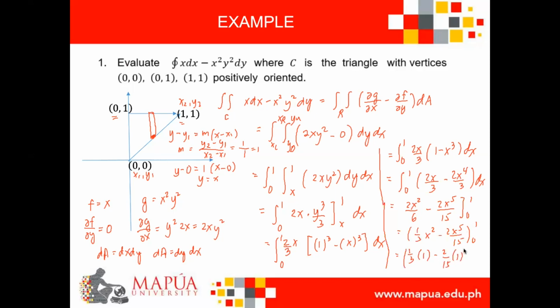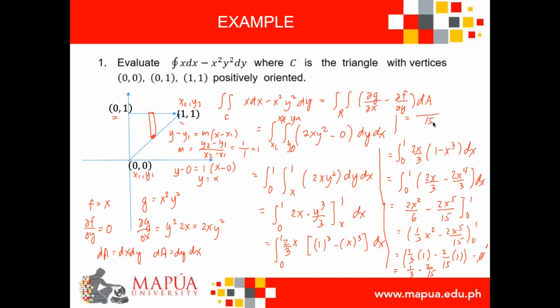Then we have the limit 0. So if I substitute here, that will be 0. Also here 0. So with that, this is just now 0. So simplifying it, we have now 1/3 minus 2 over 15. When we simplify this, let me just write it here. So this is now equal to LCD is 15.